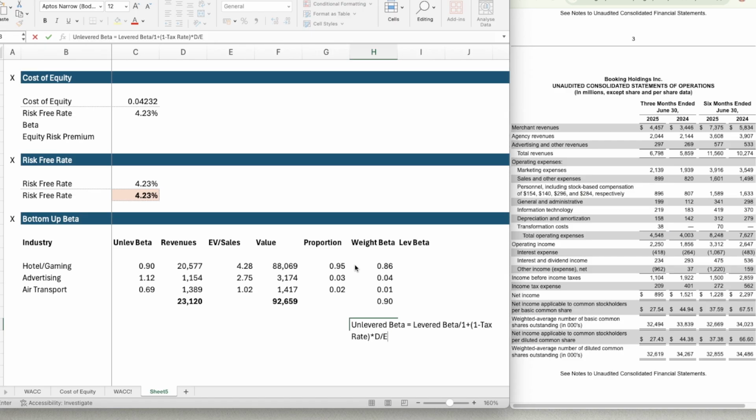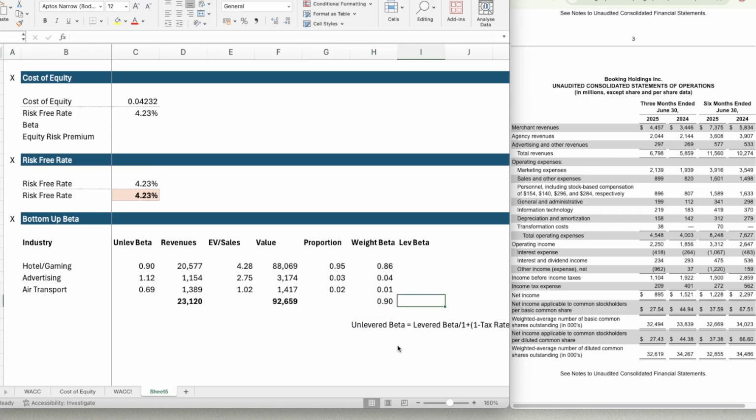So we know the unlevered beta, we don't know the levered beta. So we're going to have to multiply this last bit, the denominator, 1 plus 1 minus the tax rate, multiplied by the debt divided by equity, against the unlevered beta, and that will give us the levered beta.